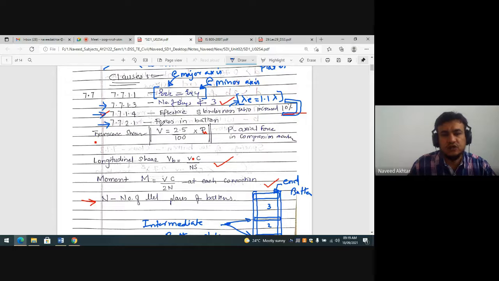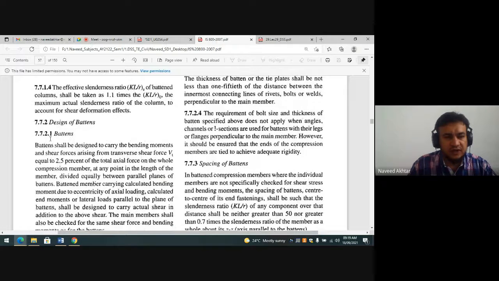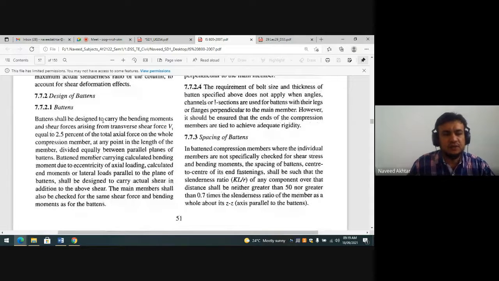Okay. Now the clause number 7.7.2.1, forces in batten. So as you calculate the forces in your lacing system, similarly here at 7.7.2.1, you can say that batten shall be designed to carry the bending moments and shear forces arising from transverse shear.